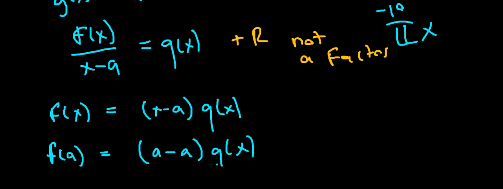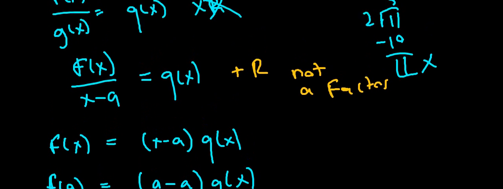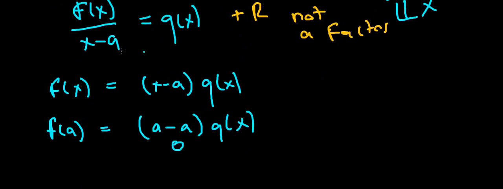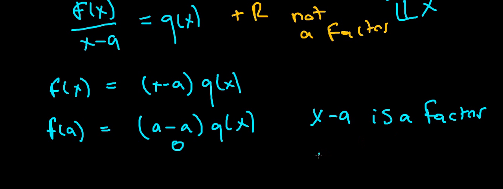No matter what the quotient of x is, a minus a is always going to be 0. 0 times anything is 0. So x minus a is a factor if f of a is equal to 0.